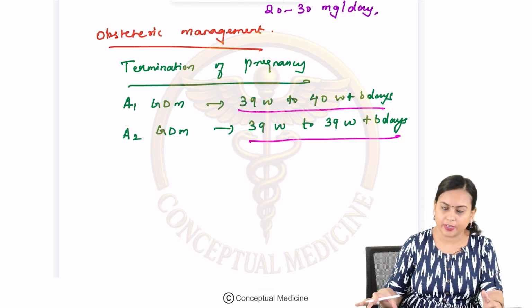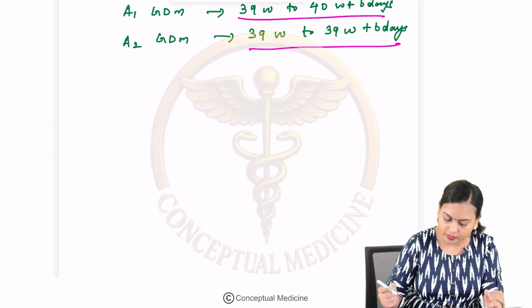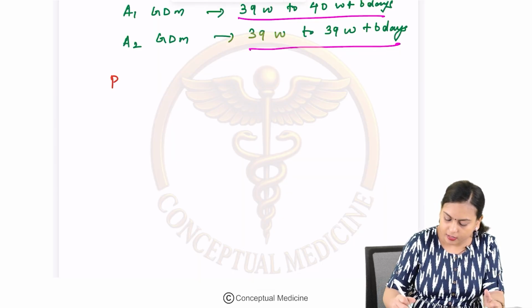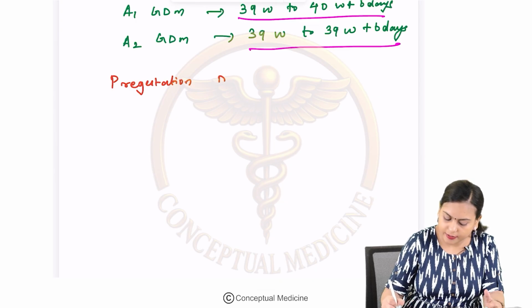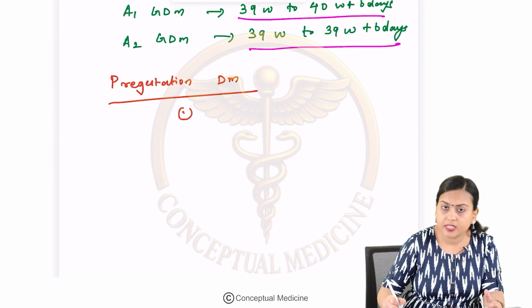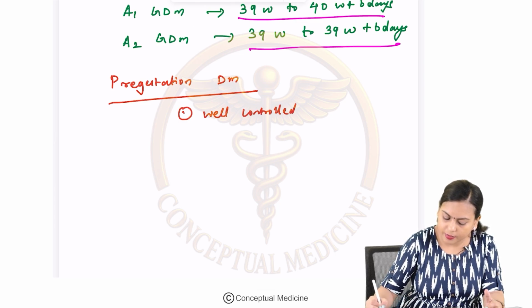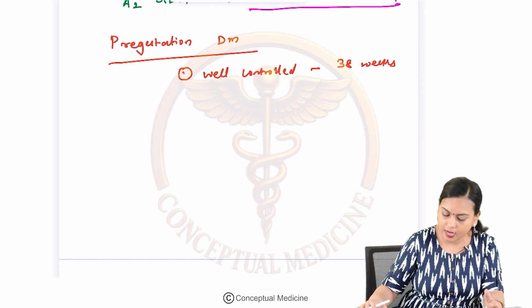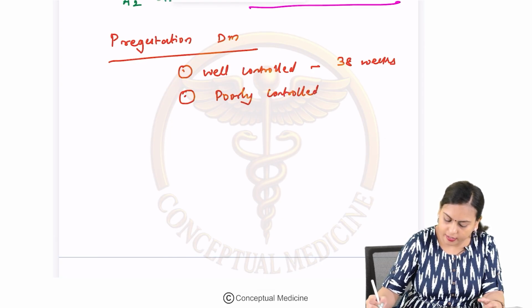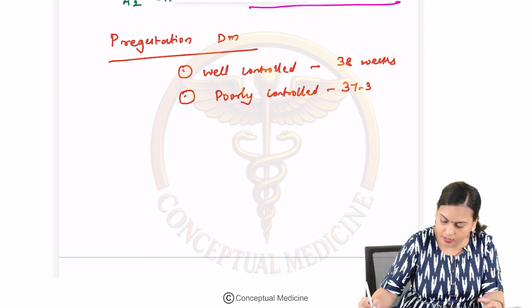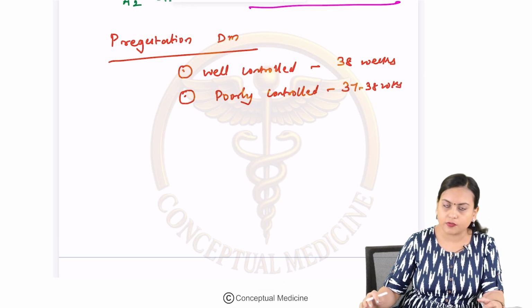You have to remember this. For a case of pre-gestational diabetes mellitus, if it is a well-controlled condition, then you can terminate it around 38 weeks. For a poorly controlled condition, you have to terminate it around 37 to 38 weeks.